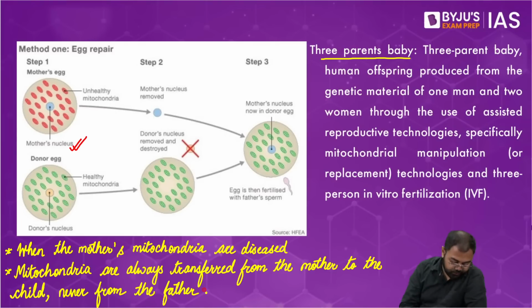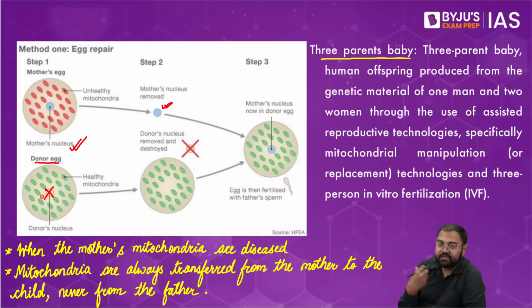Now, how exactly do we use this method? We first take away the nucleus from the mother's cell, and we will take a donor egg cell. We'll take a donor egg cell, and again we'll remove the nucleus from the donor cell, just like what we do with cloning.